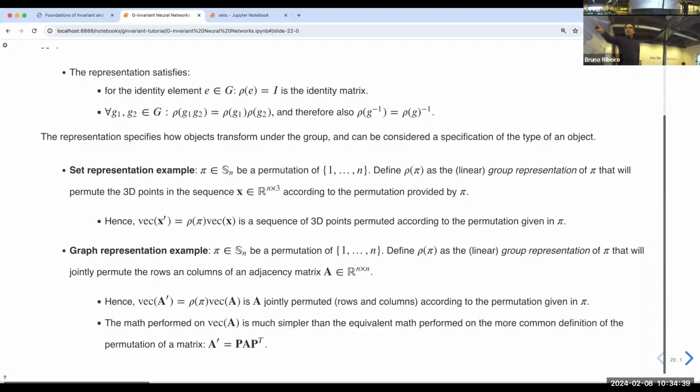So for instance, here we have a point cloud with n points in 3-dimensional space. And this rho will permute the points, the rows of this matrix, according to pi. Okay, so it's going to be a matrix. We are going to vectorize this and apply this matrix to this vector.